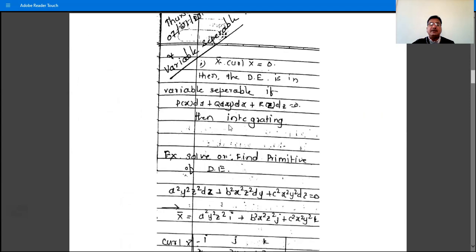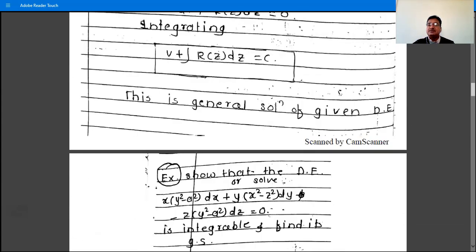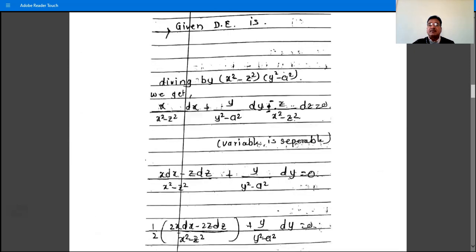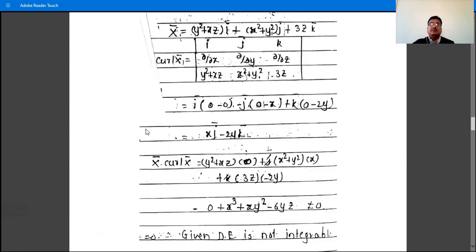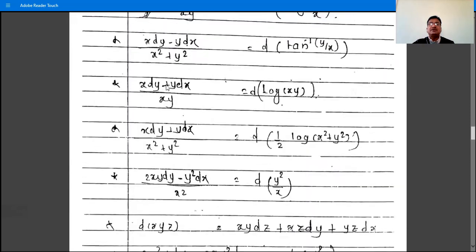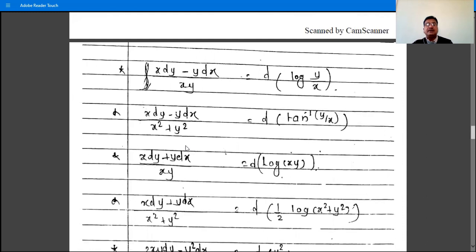In order to find the integration of such a one variable separable form, use the tricks given. If out of x, y, z one variable is separated, then use these formulas. Suppose this formula is in x and y.